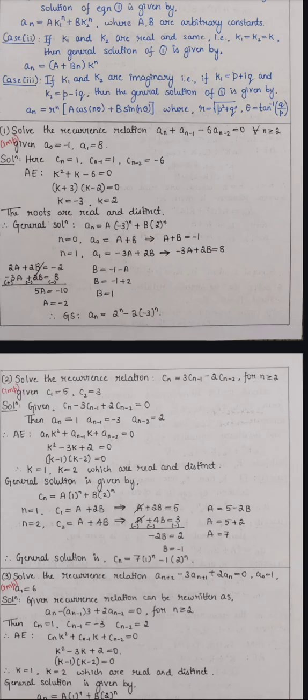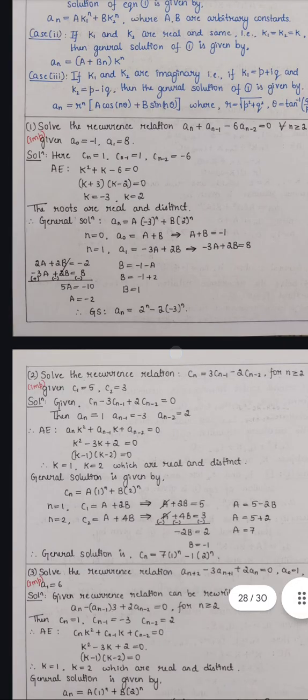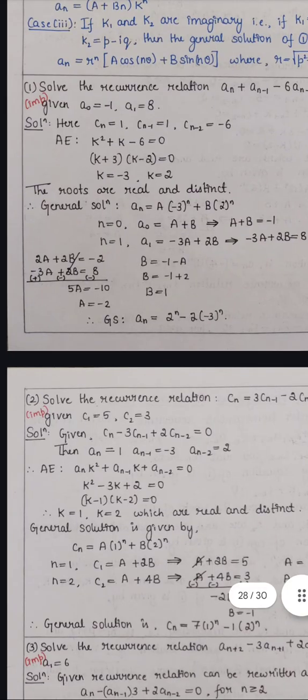By this we get b equals minus 1 minus a. We multiplied a plus b equals minus 1 by 2 to eliminate b. Then 5a equals minus 10, a equals minus 2.